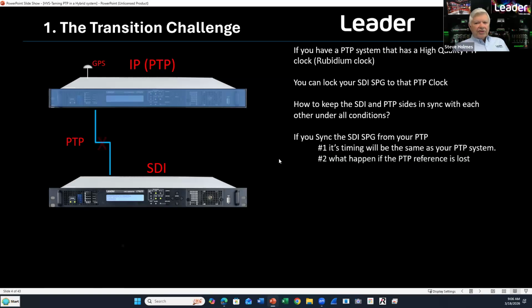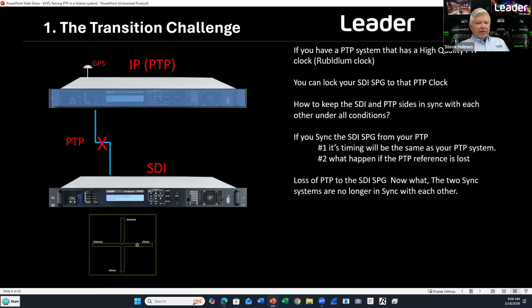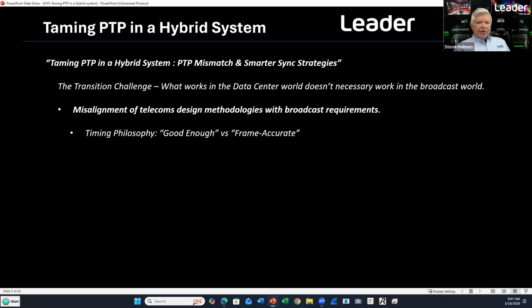And we can still have some of the same issues: if that link gets broken, I'm going to have my SDI plant free running while my IP 2110 system is dead synced. We will take a look at this in a little more detail.